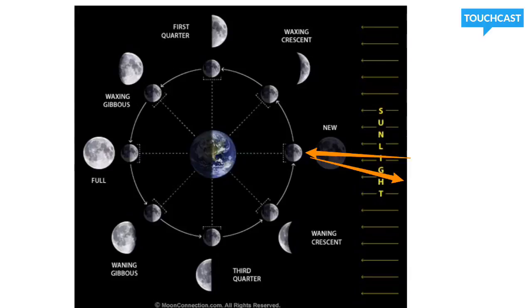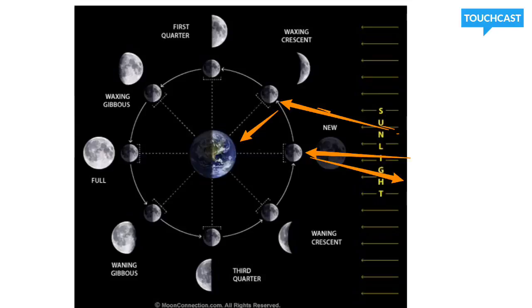Now if you look here on our waxing crescent, most of the light is reflected back out, but just a small portion of it is reflected at the right angle for people on Earth to be able to see it, thus giving it kind of that crescent shape.